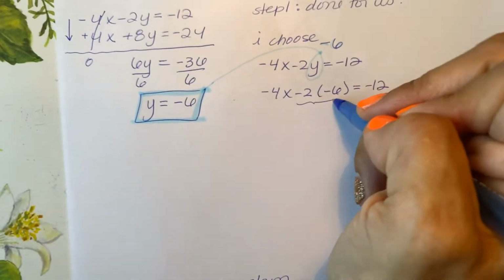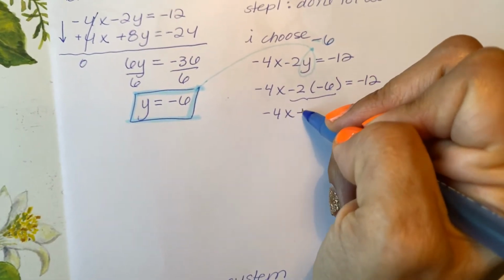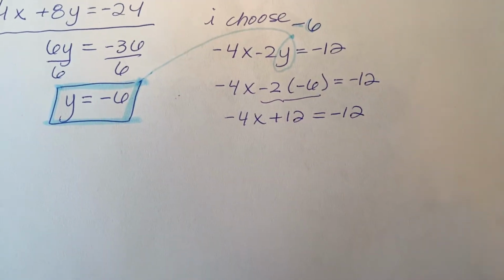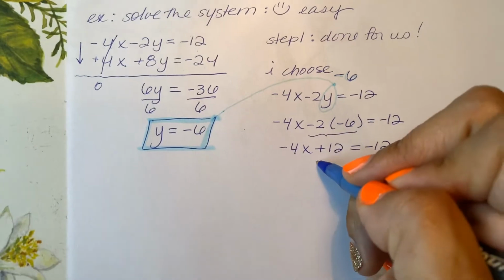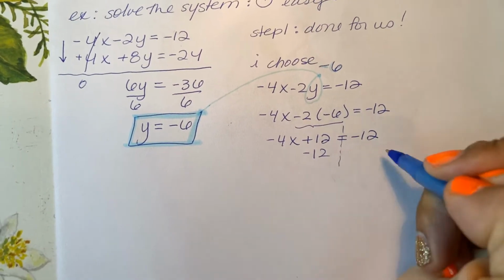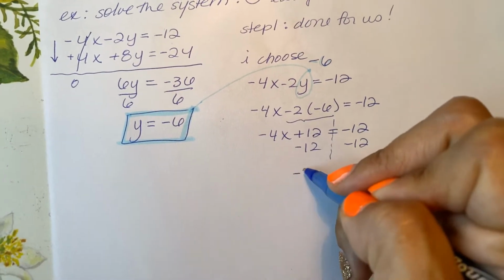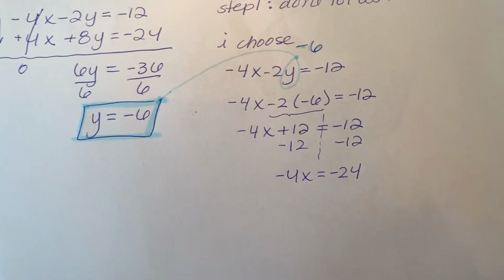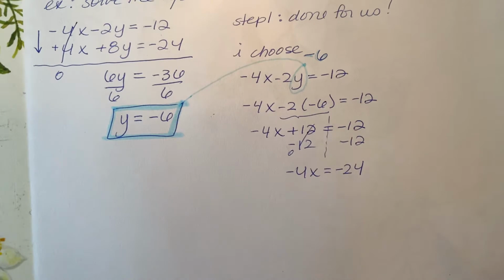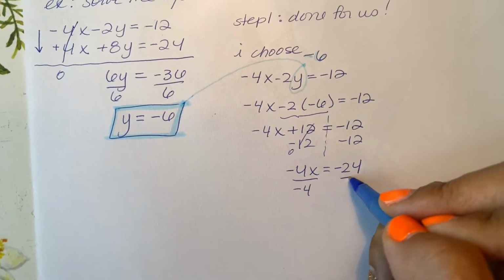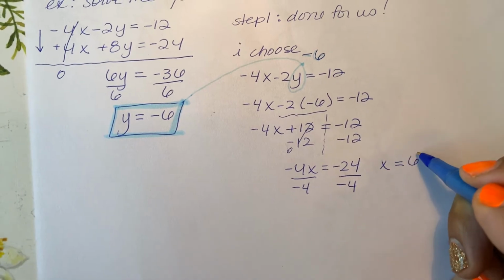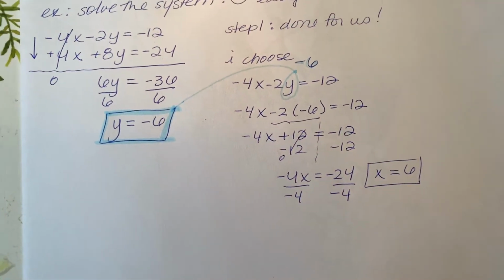All right, so now combine my math. +12. Inverse operate, because here's my equal sign, and I get -24, because that goes to 0. Divide by -4, and I get x is 6 as well, correct?